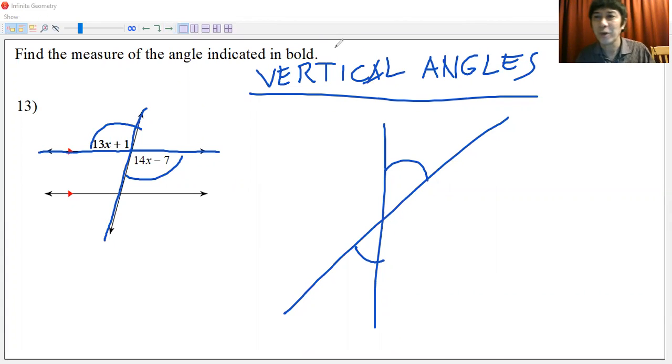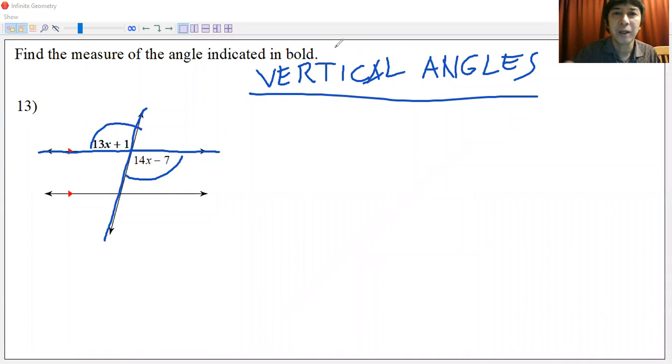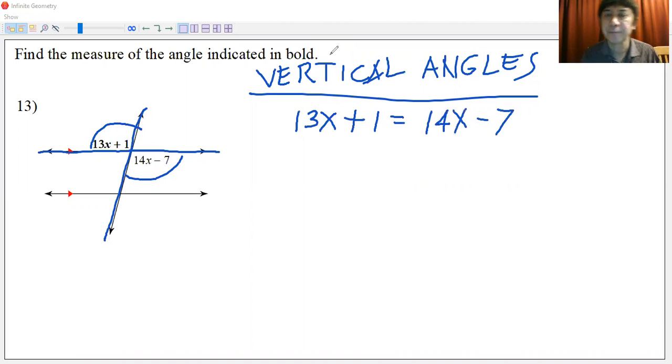All right, so we have our working equation. 13x plus 1 equals 14x minus 7. All right, we shall write the equation. Let me just remove my drawing. All right, we have the 13x plus 1 must be equal to 14x minus 7. There.